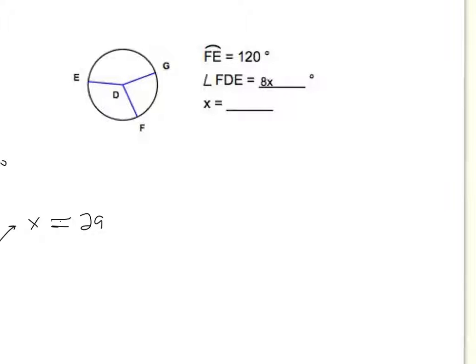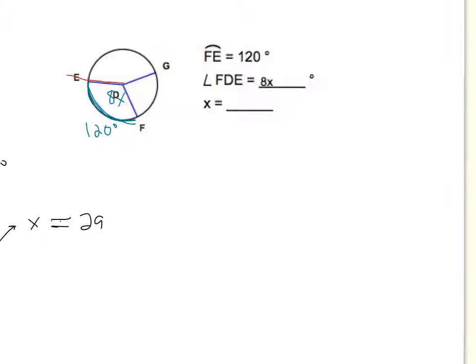Okay, let's look at our last problem here. It says arc FE is 120, so FE is here. So that's 120. It says angle FDE is 8x, which would be this angle in here. Now this is a pretty simple one.